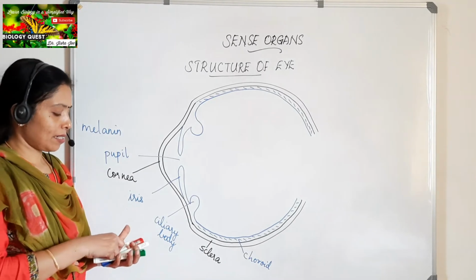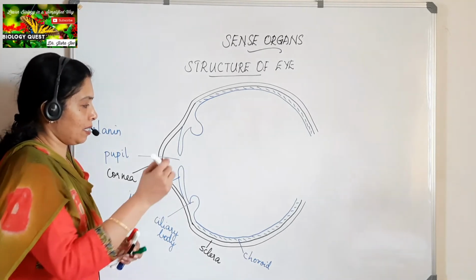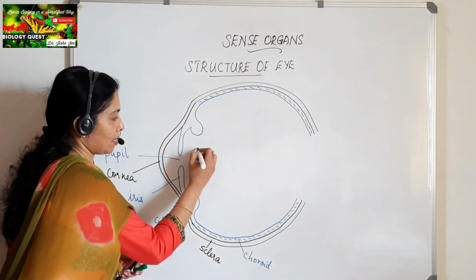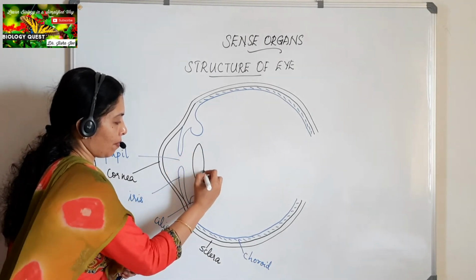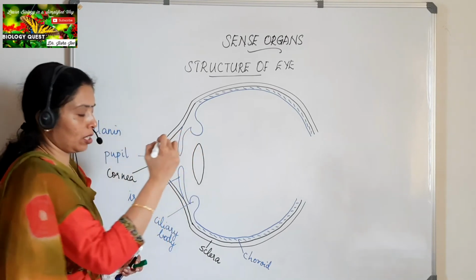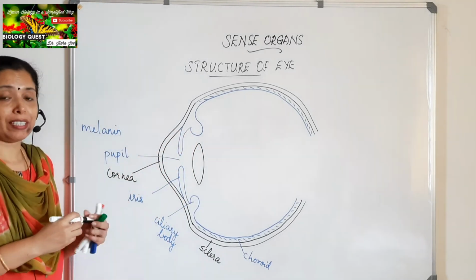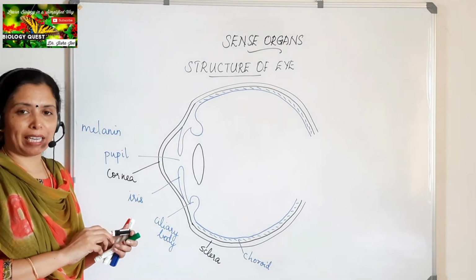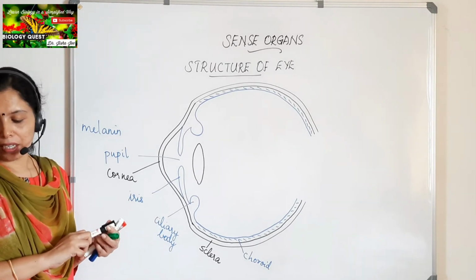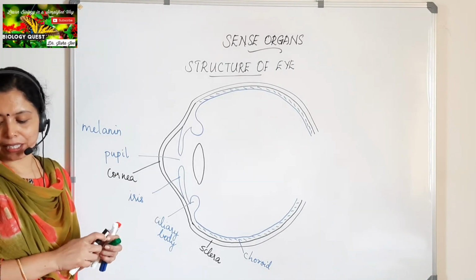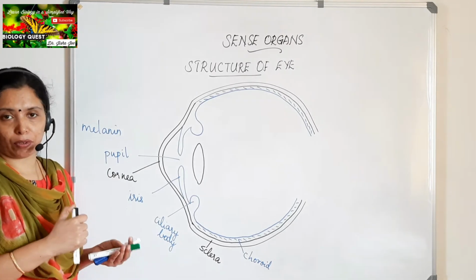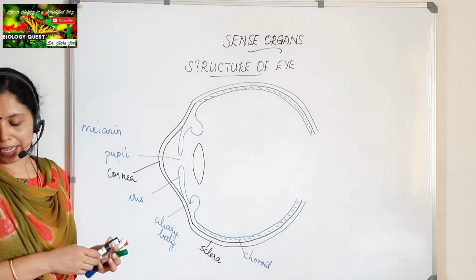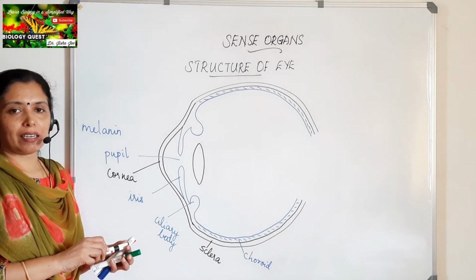Now we can see the lens behind the iris. That is the lens that you see there. It is a biconvex transparent structure. It is formed of transparent lens fibers, which are actually long, thin cells that do not have nuclei.